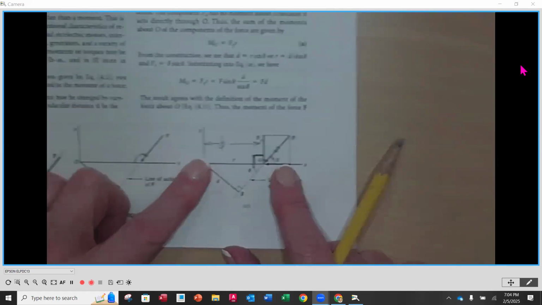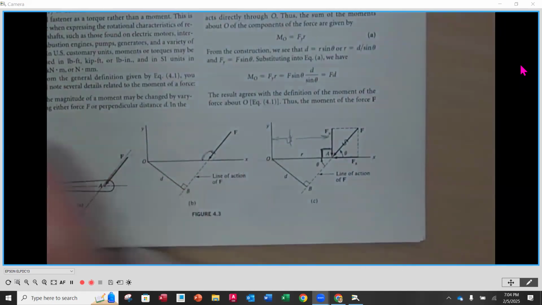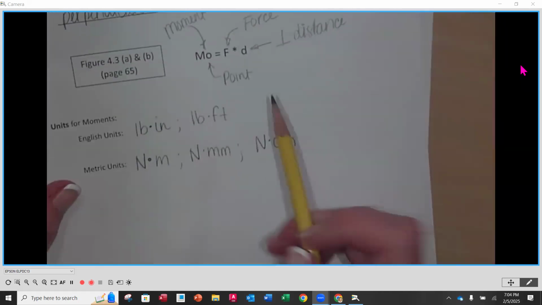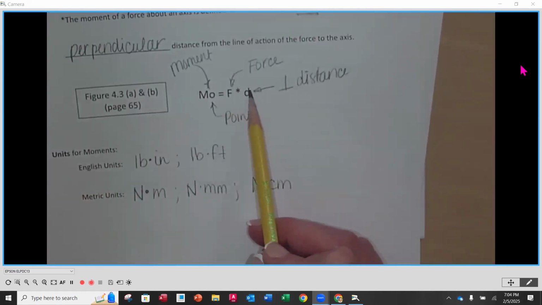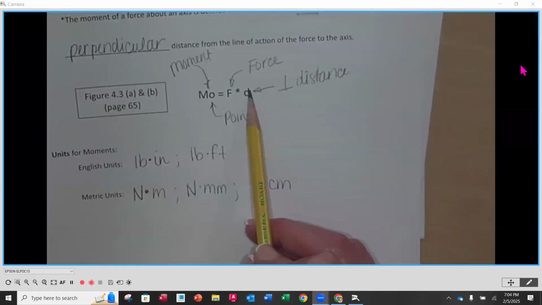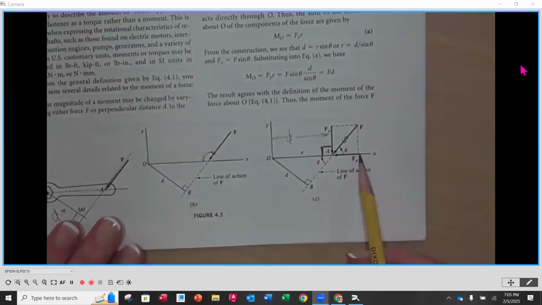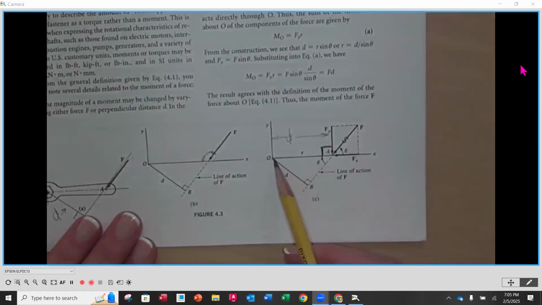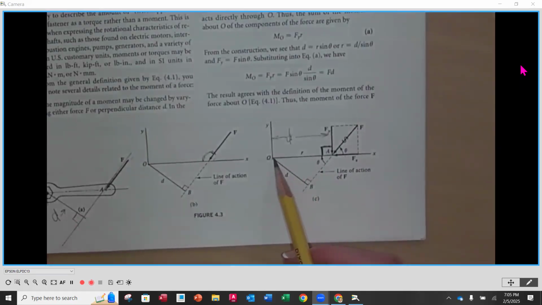And if we go a step further, knowing that when we calculate a moment, it has to have an offset perpendicular distance, we had a distance for that Fy component, which they're identifying as R. But for Fx, what would the offset distance from the origin be? Zero, right? So zero times whatever the magnitude of Fx is going to be zero.